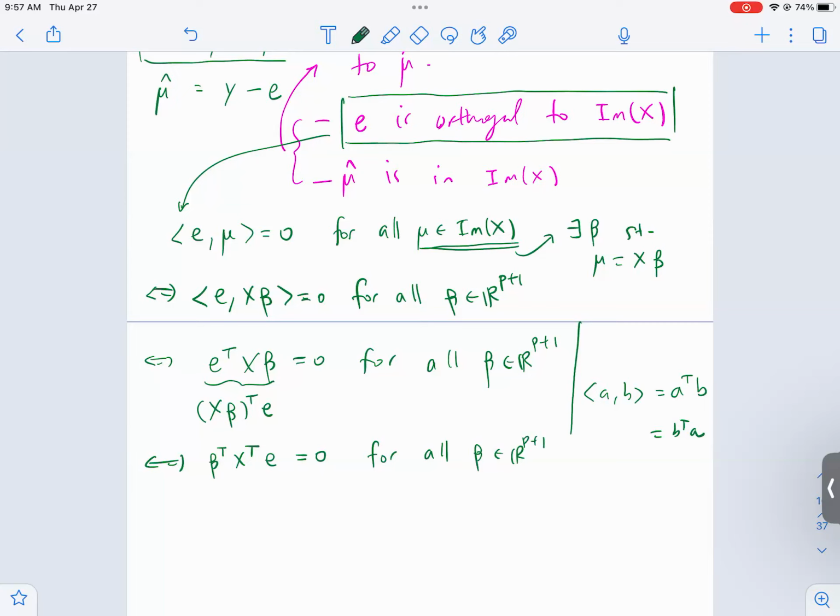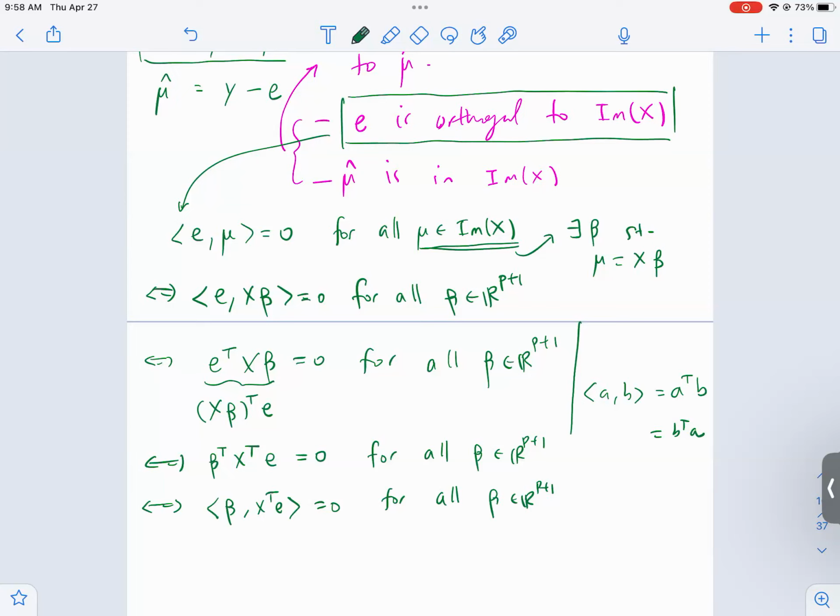At this point, you have to argue a little bit. There is a little bit of trickiness here. Another way of saying this is, let me rewrite it: beta times X transpose E equals 0 for all beta in R^(p+1). You just rewrite it back, like A transpose B as an inner product.